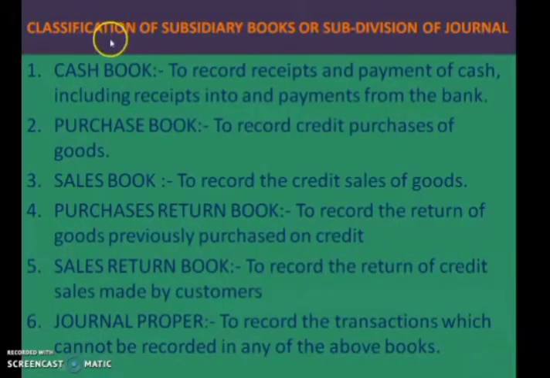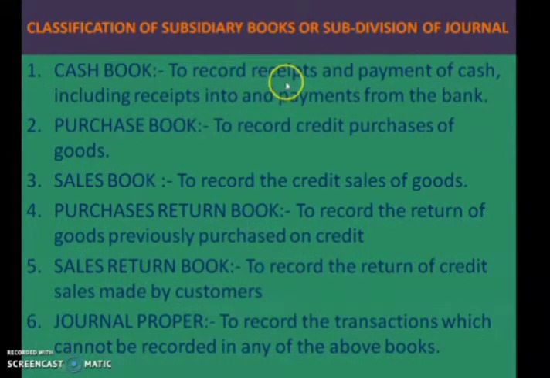Now, classification of subsidiary books or subdivision of the journal. We divide the journal into 6 categories. The first one is the cash book, which is what we are going to discuss today. This book is used to record receipts and payments of cash.